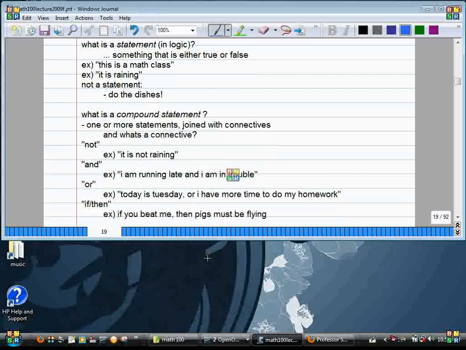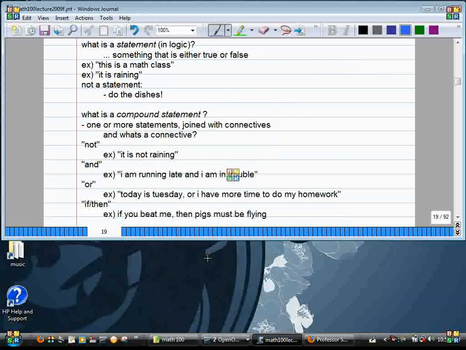So I presume everyone has ever used the word not or and or if then. I presume that you've used this in speaking in your life ever. I presume everyone has done that here. Yes. But that actually gets to what I wanted to say, which is the way that you have used it may or may not agree with the way that it is interpreted in logic.